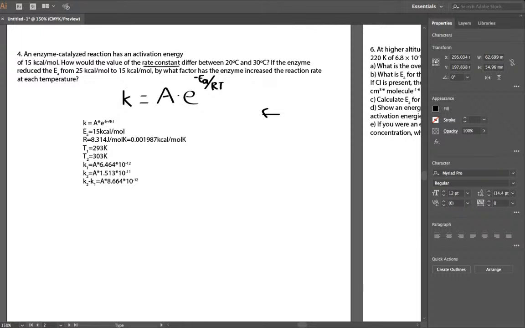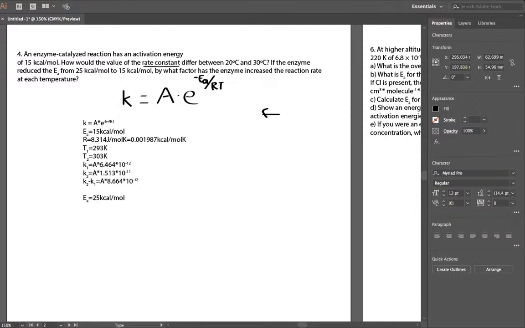And so what happens when the enzyme actually reduces the EA to 15 kilocalories? Let me find the thing again. So the EA would be 25 kilocalories per mole.